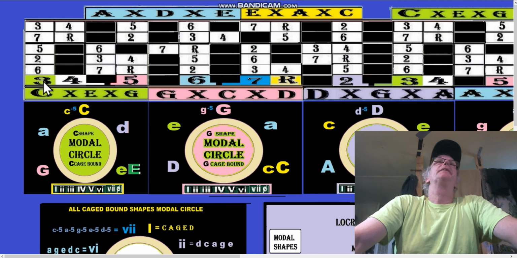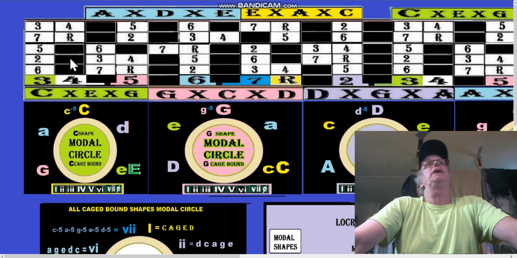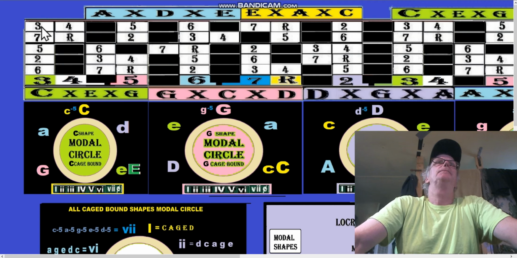And then we have the warp there, where we're going from the E shape, which would be the 7 root 2, to the C shape, and that is an augmented fifth right there. Notice that's not strictly at the warp there.